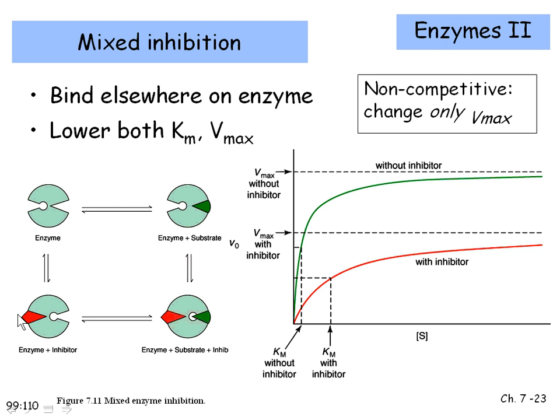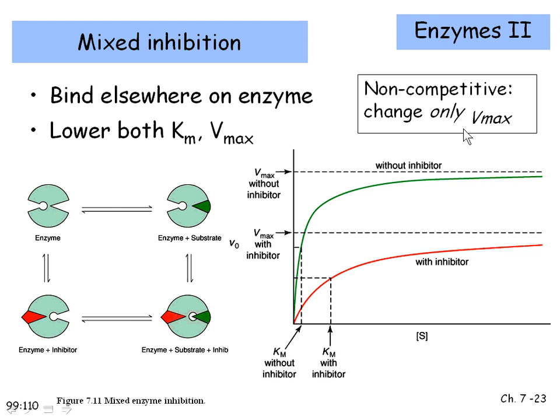So it's not binding anywhere near the active site itself. It's binding somewhere else. And in doing that, it's somehow changing the conformation of that protein, both in its ability to even bind substrate and its ability to flex and turn and change the substrate into something else. That's why it's called a mixed inhibition.